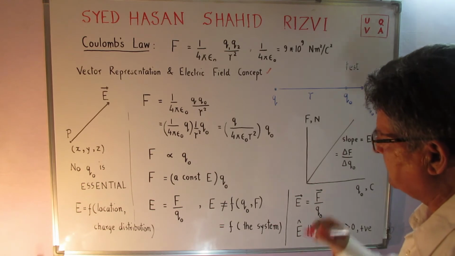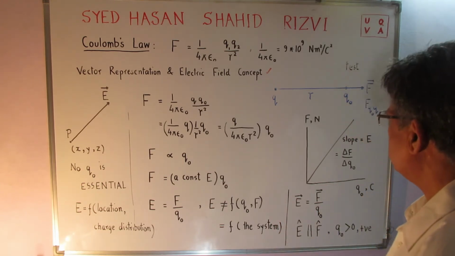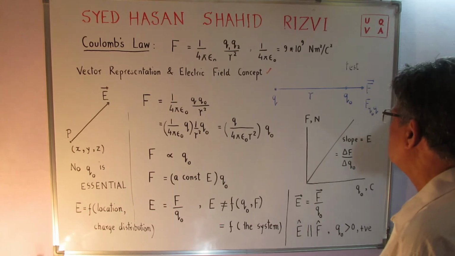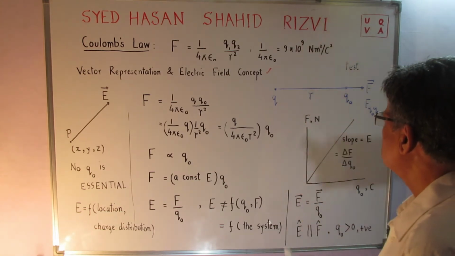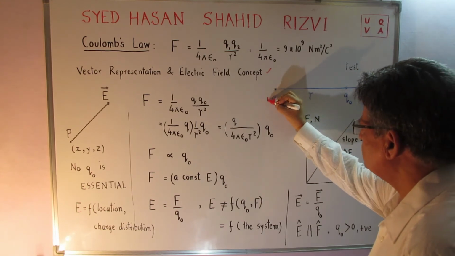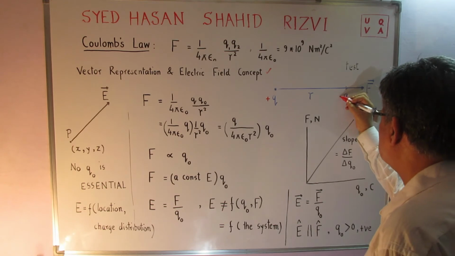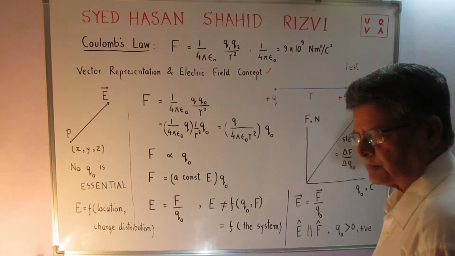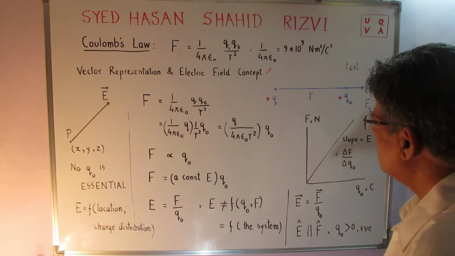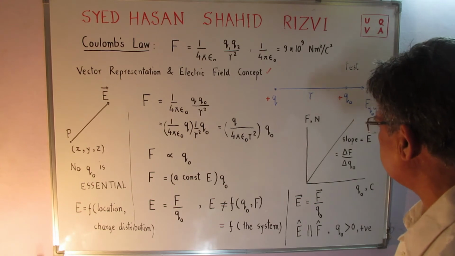I make it very simple for you in the first instance, and then talk about things. I have a charge, maybe I call it plus Q. Plus Q. And there is another charge which I call Q naught. The separation between the two charges is R, as has been shown.